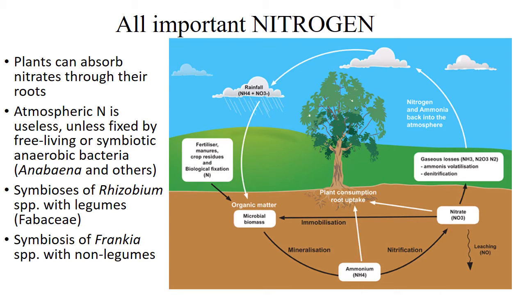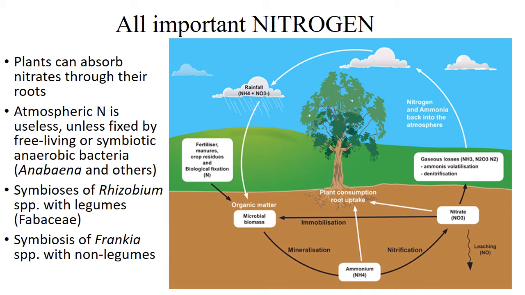So probably the most important plant nutrient of all is nitrogen. And plants can absorb nitrogen through their roots when it's in the form of nitrates and ammonium. But most of the nitrogen that surrounds plants in the atmosphere is unavailable to those plants. So the only way plants can get hold of that nitrogen is if it's fixed into ammonium by bacteria.